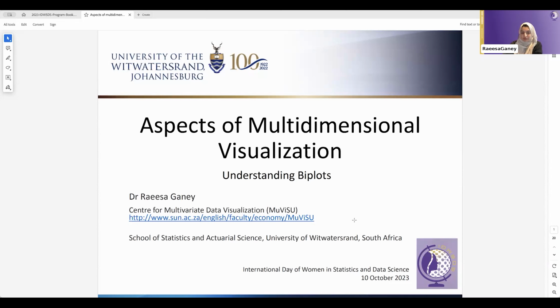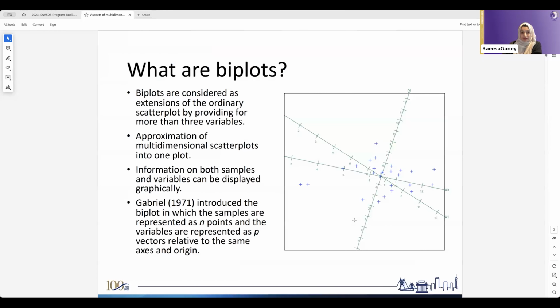And today I'm just going to be giving an introduction to biplots, what they are, how they are constructed, an interesting application, and also part of a project that I'm currently working on. So what are biplots?